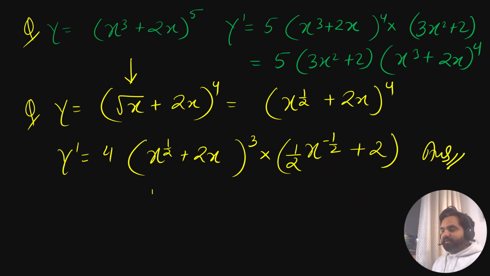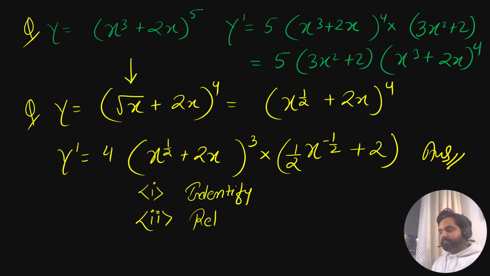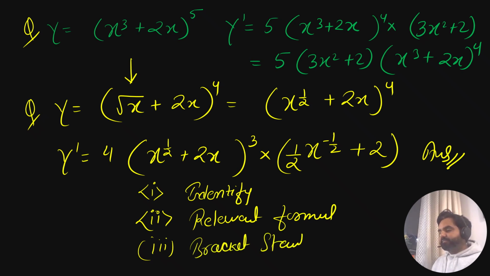So I will write the summary of this, which is first identify, then second one would be the relevant formula, and then you can use the bracket strategy, which is bracket strategy multiplied by differentiation of the bracket. So hope you understand this.